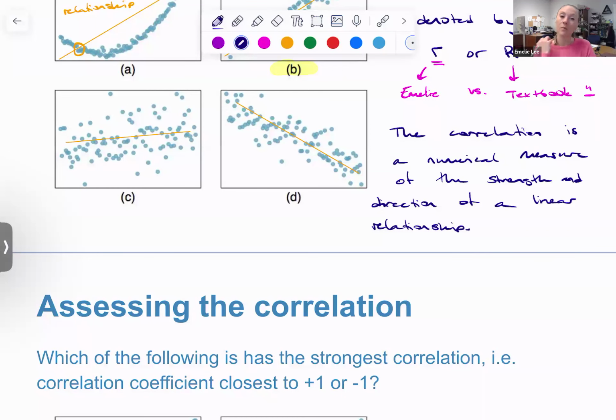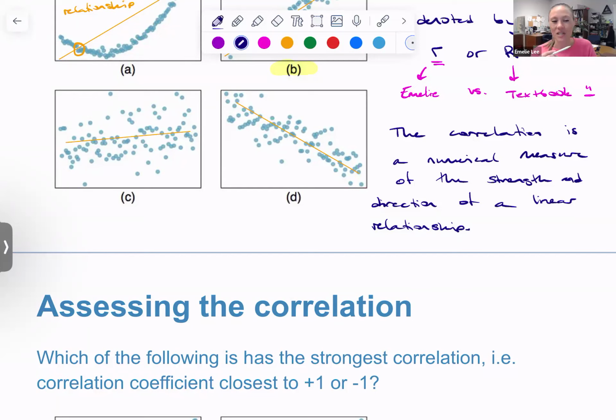Thinking back to the normal distribution, so if we had a histogram, then we could look at it and talk about the shape, the center, the spread of that distribution. And then we said, okay, if I have a normal distribution, then the numerical measure of center is going to be the mean. The numerical measure of spread is going to be the standard deviation.